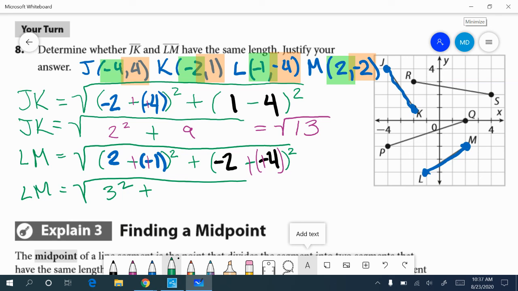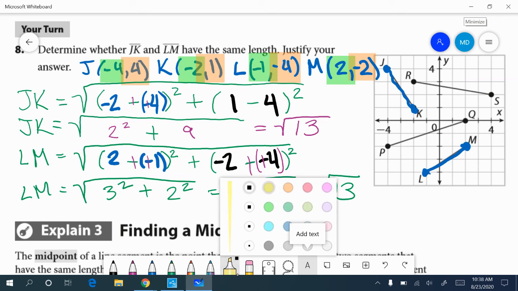That is 2, and it's 2 squared. So what is 3 squared plus 2 squared? It's the square root of 9 plus 4. And look at that. It's the square root of 13. I got the same thing.